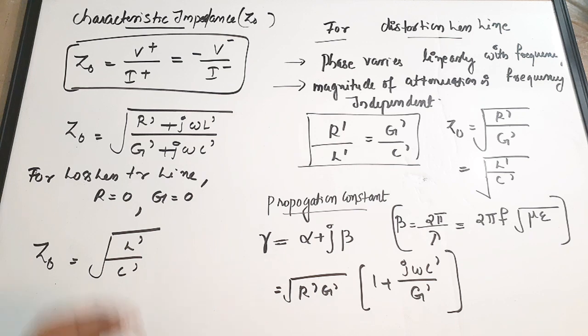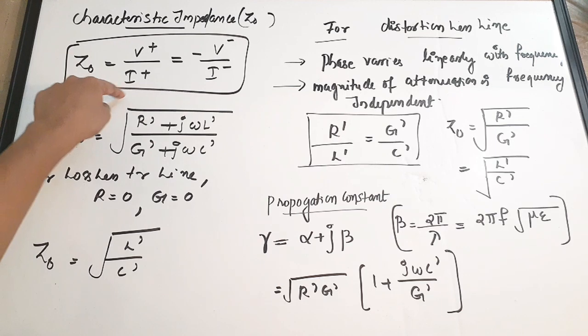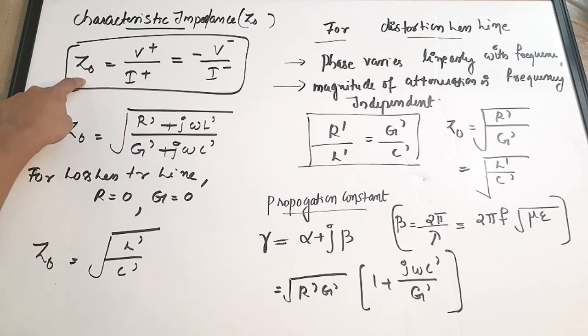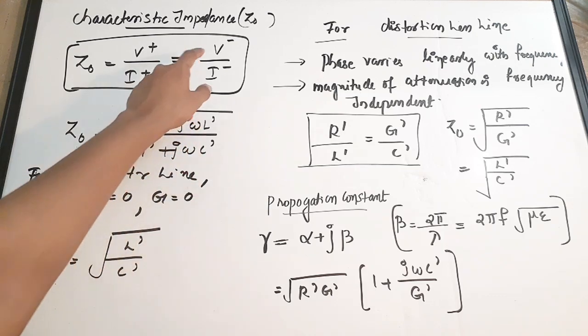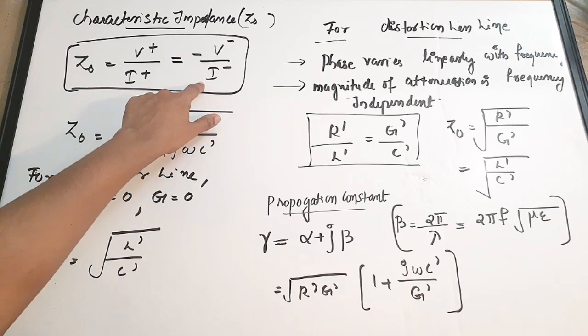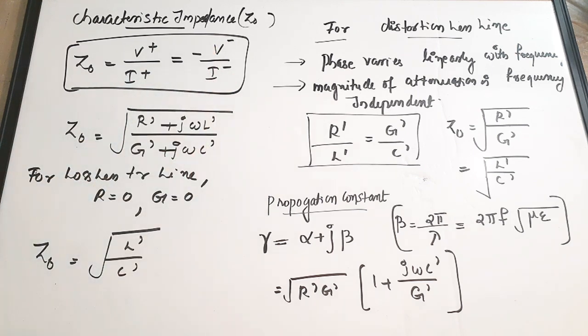Okay, and as in the case of the forward traveling voltage and current waves, the characteristic impedance can also be written in terms of the backward traveling waves, that is, minus V− by I−, where V− is the backward traveling voltage wave and I− is the backward or reflected current wave.